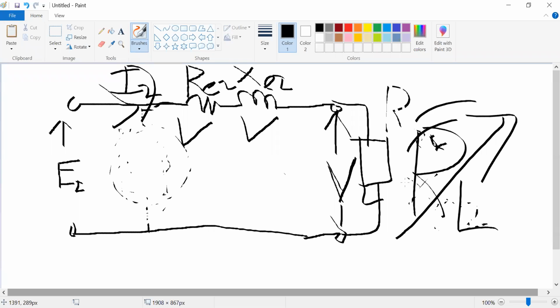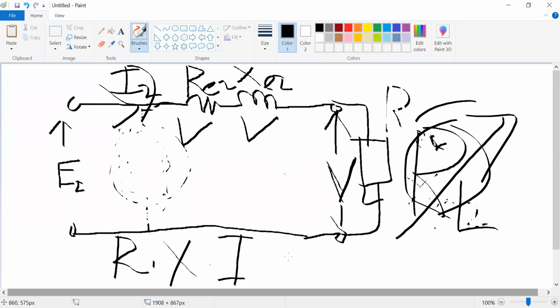Load current depends upon the total load and the power factor of the load. So three parameters: resistance, reactance, current, and power factor, cos theta.